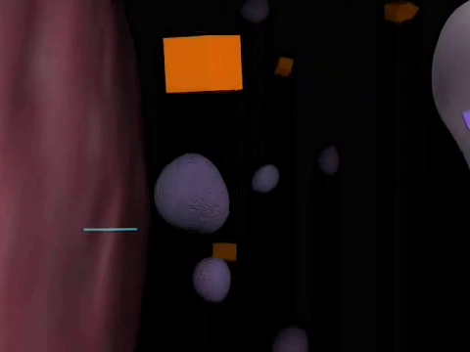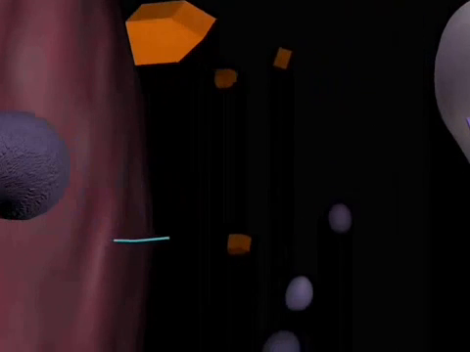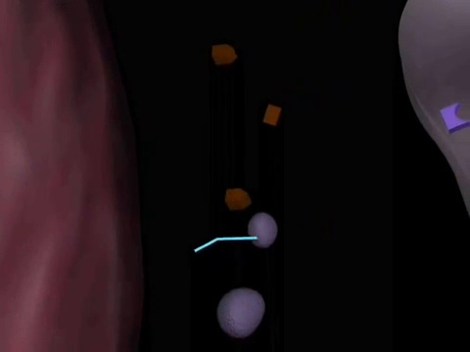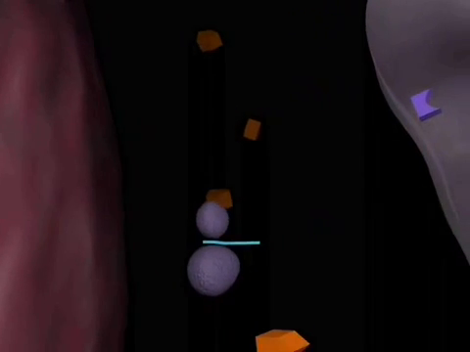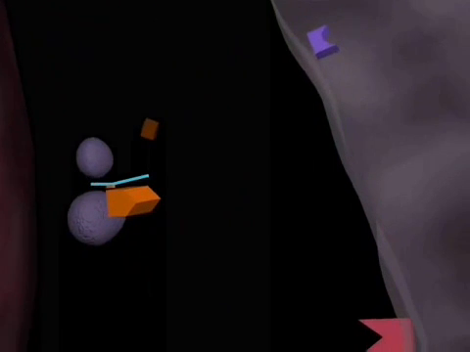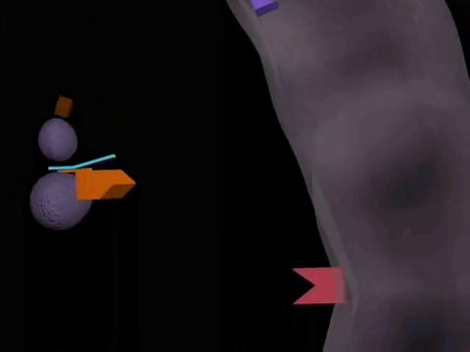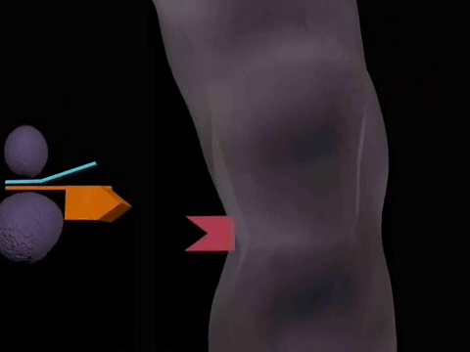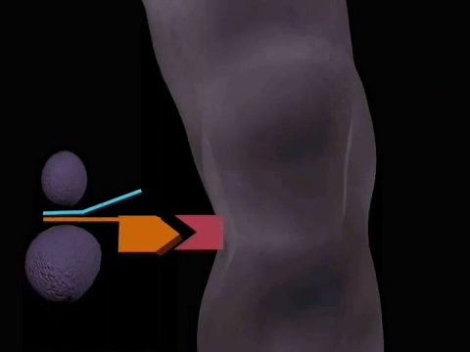In the cytoplasm, ribosomes translate the information contained in the mRNA. Each triplet of bases in the mRNA encodes one amino acid in the protein. Initially, a short signal sequence is translated. This binds to a signal recognition protein which blocks further translation until the mRNA is docked on the endoplasmic reticulum.